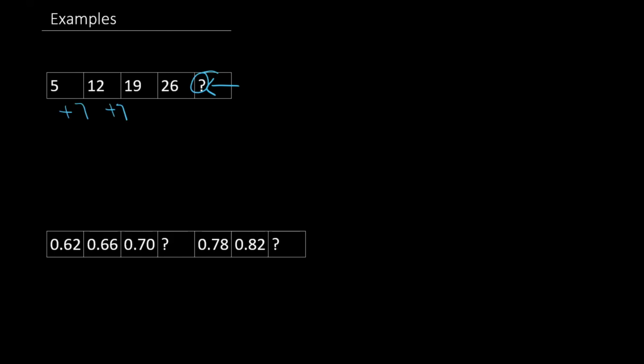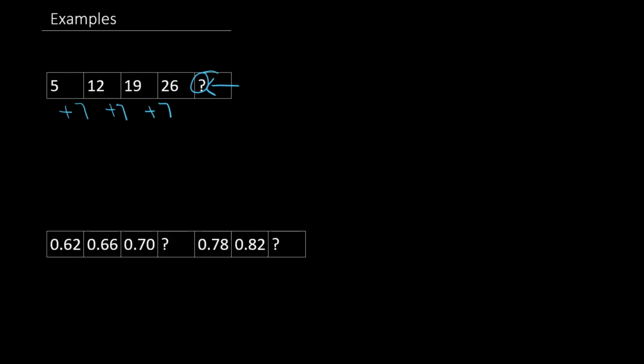We have to ask the question all the way through until we reach the question mark. So what plus 19 equals 26? Well, 19 plus 7 equals 26. As you can see, the pattern is adding 7 to the previous number. So for 26, the previous number would be 19.